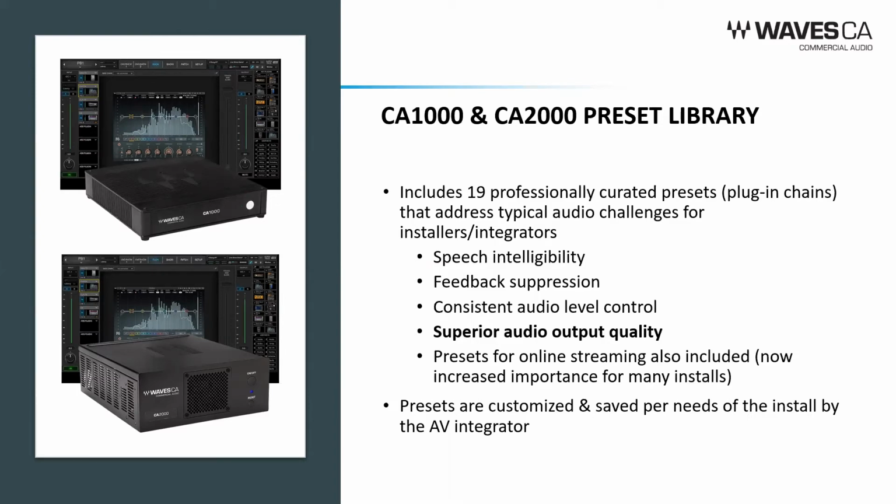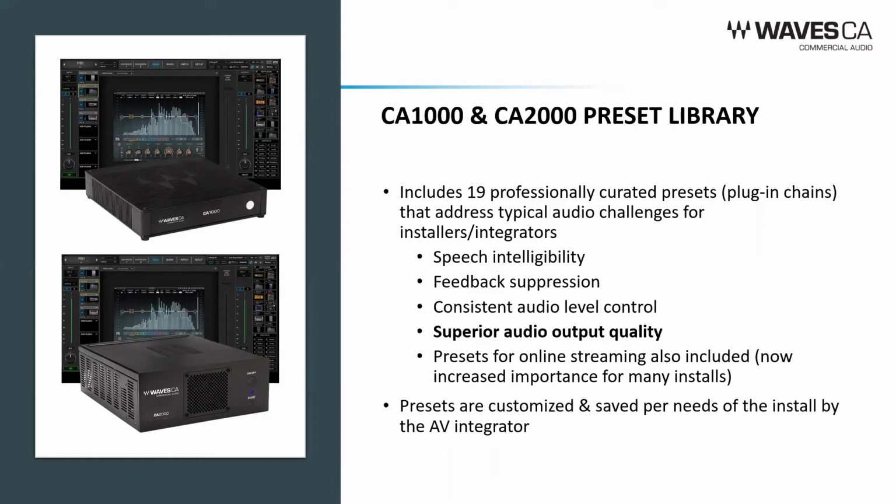Many of the systems today don't do a good job of taking the sound from the microphone and giving it to the PA system without you having to do massive EQ changes or find ways to eliminate feedback in the room. Wave CA helps you with that. Wave CA provides consistent audio level control, and all of this we do with superior audio output quality.